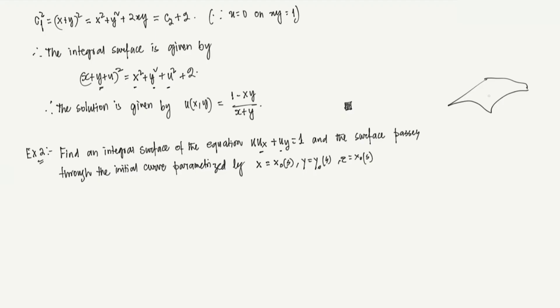Now, we want the solution in such a way that it passes through the initial curve. The integral surface should contain that curve, and that is our initial curve where we start the generation of this surface.